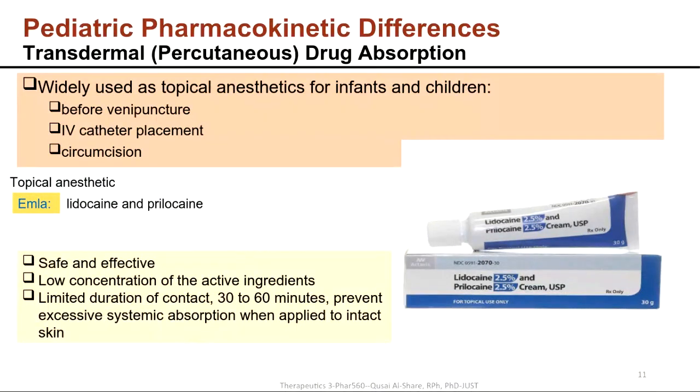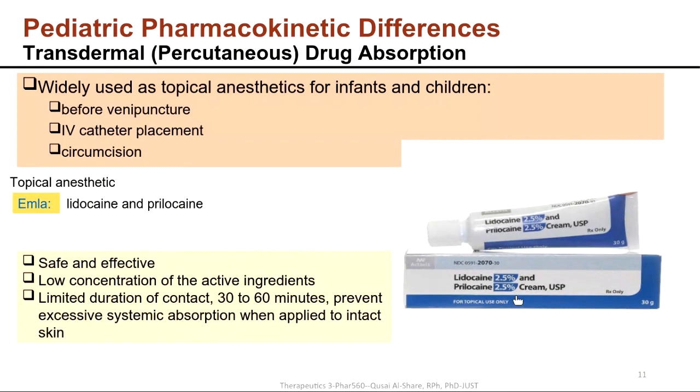One of the most commonly used topical anesthetics in this case is EMLA. EMLA is 4% lidocaine and prilocaine. As you see in the picture, this is a local topical anesthetic. Sometimes they use it for these indications as we just mentioned.